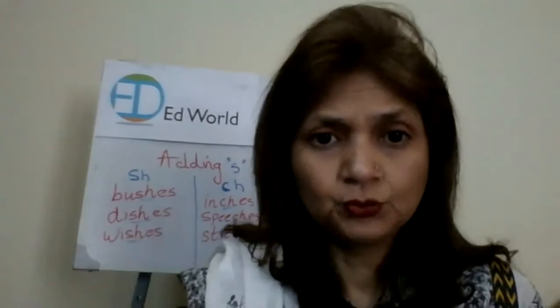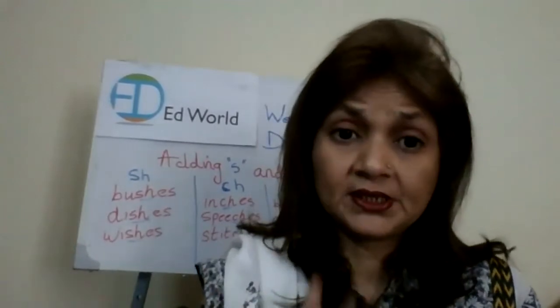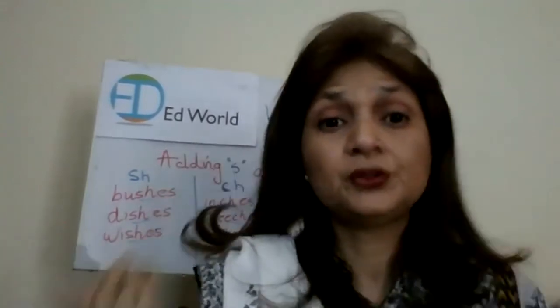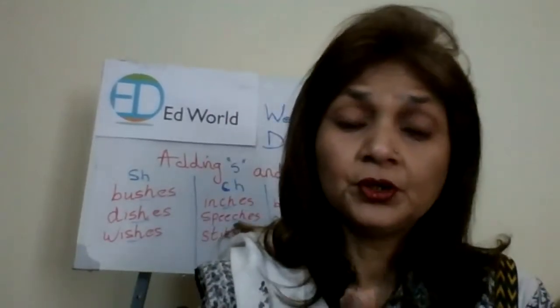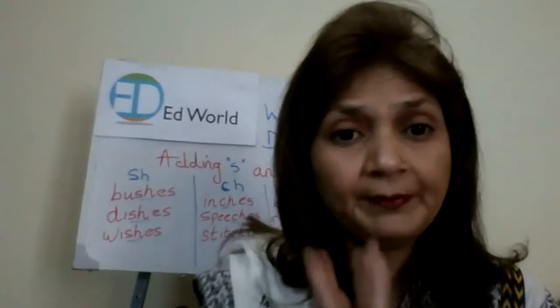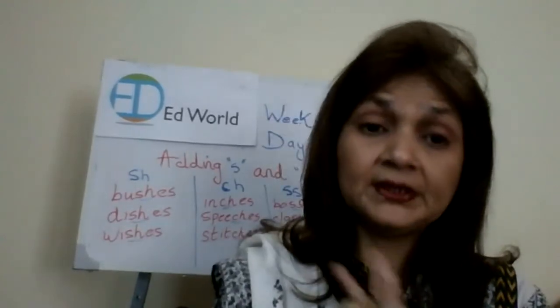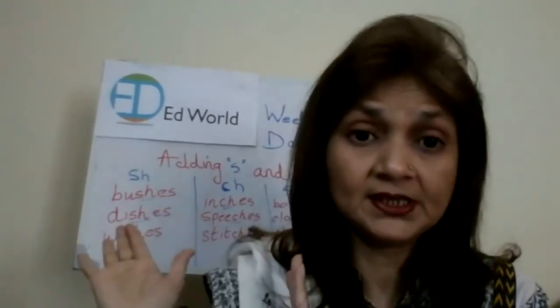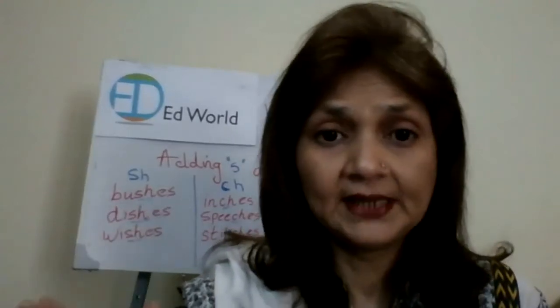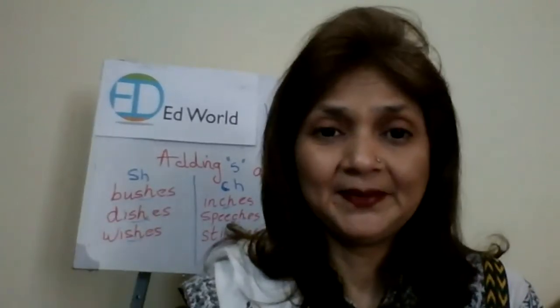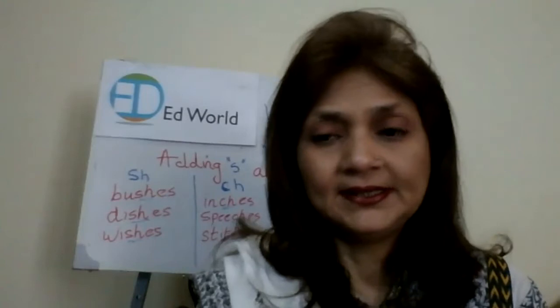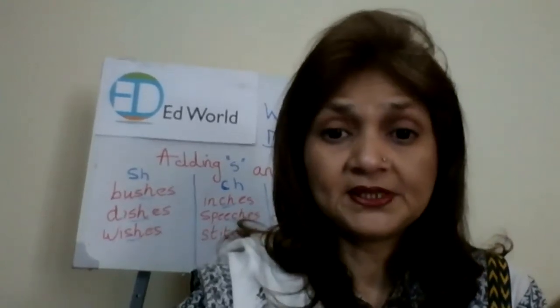There are some other rules, but we are only going to discuss these two rules. The other rules you are going to discuss later on in your next session. So for the time now, you need to remember that all the words that end with these letters, we have to add ES to make them plurals. Understood?